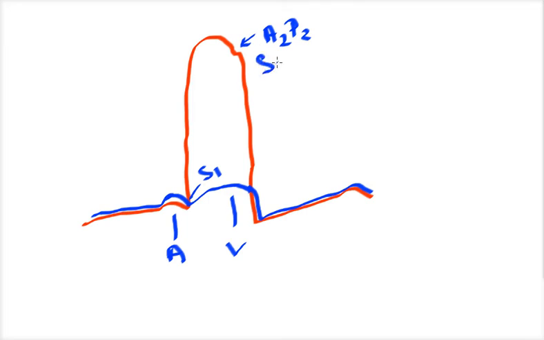And this is S2. At this point, the mitral valve fully opens. It empties the pressure from the left atrium. The left ventricle slowly fills again. You get atrial contraction, and then the ventricle ejects again. So this is normal pressure tracings in the left atrium and its relationship to the left ventricular pressure.